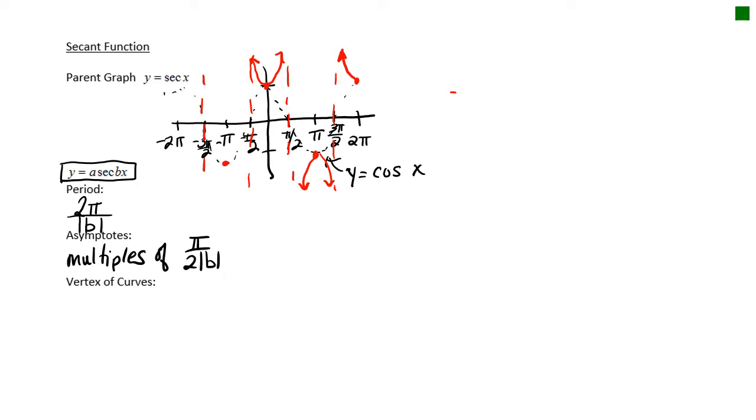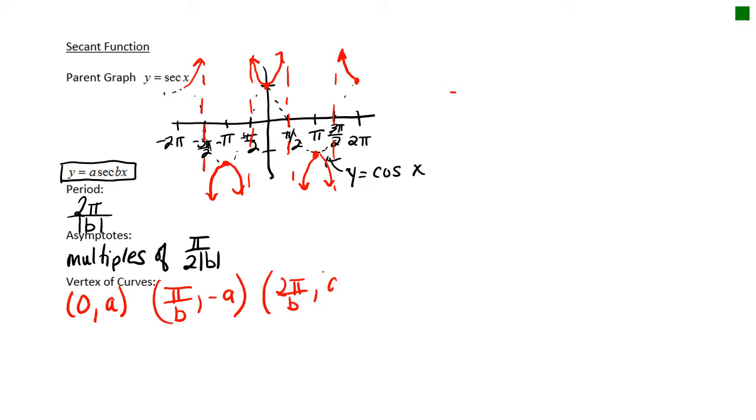And notice they look like little parabolas. In fact, that's what they are. They're like little quadratic parabolas. And we'll have a half a guy here. All right. So that's what secant looks like. And now their vertexes are at 0, a, pi over b, negative a, 2 pi over b, a.